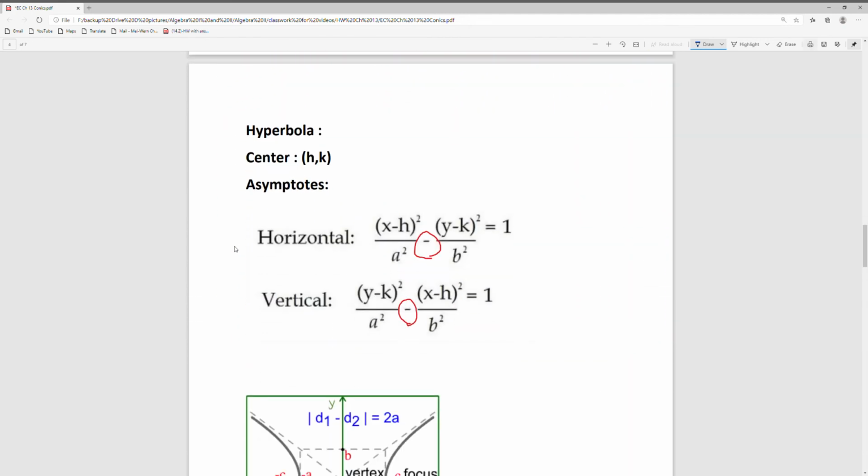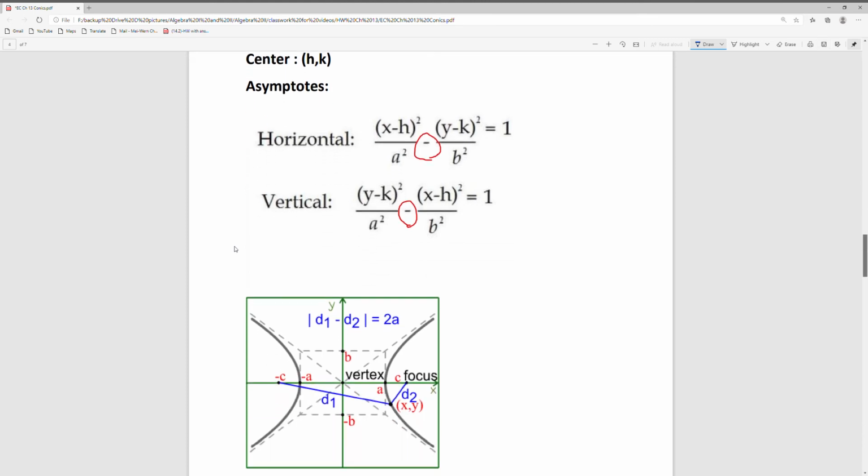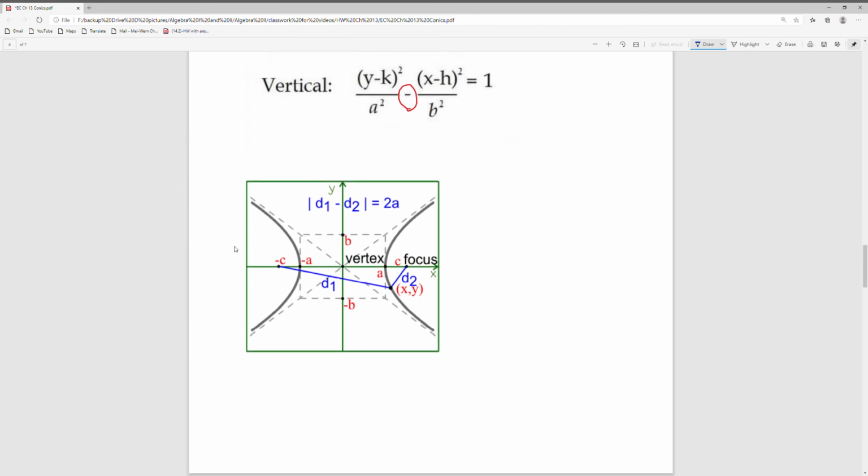And the same thing for the hyperbola. It's a very similar proof, but this time it is not d1 plus d2. For the ellipse, d1 plus d2 equals 2a. That's the ellipse.